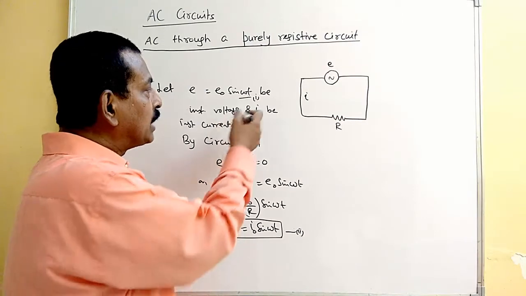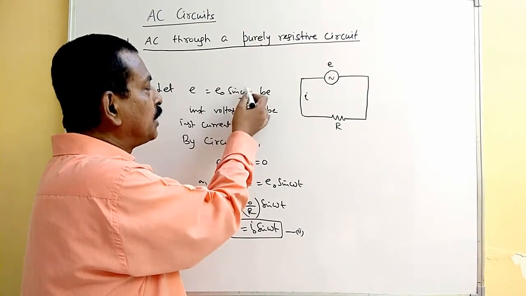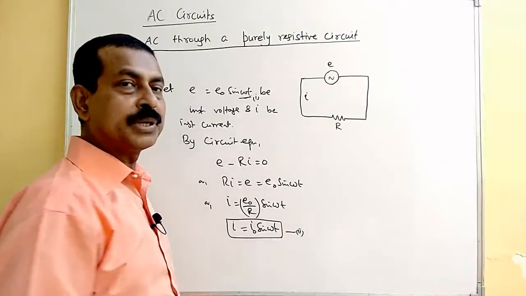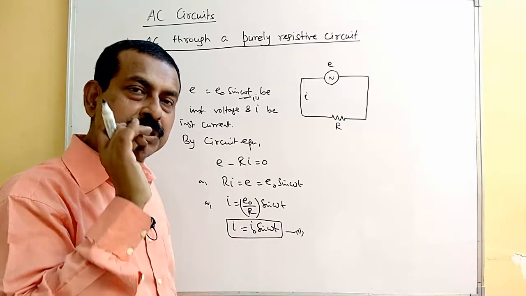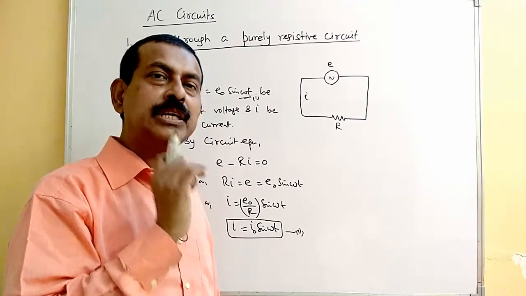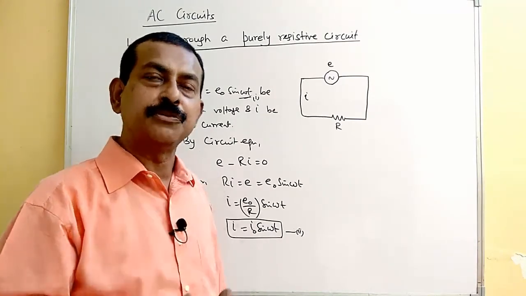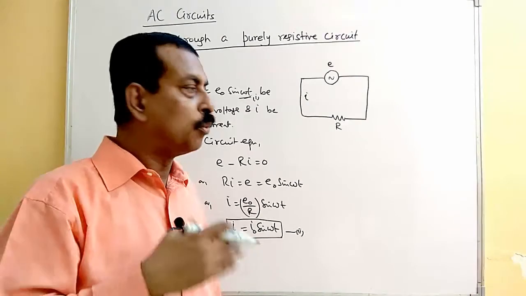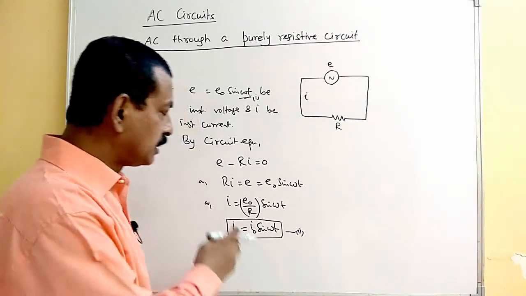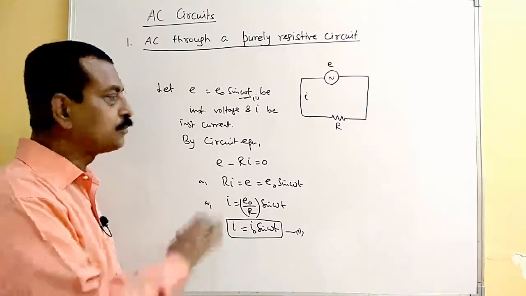Now if you look at their phase, here it is sine omega t, and here also it is sine omega t. So that means the instantaneous current and voltage in a purely resistive circuit are in the same phase. That is the conclusion we can get from this AC circuit.